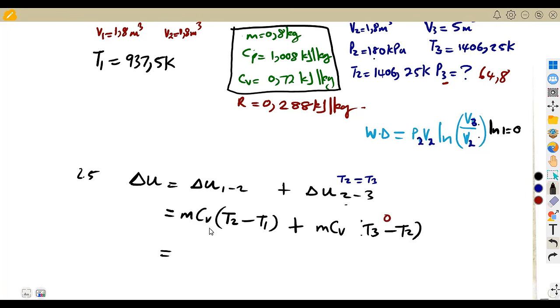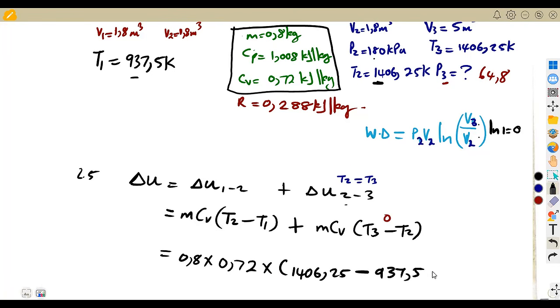So let us substitute m, which is the mass, 0.8, times Cv, which is 0.72, times the change in temperature, which is T2 minus T1. Remember, T2 we have it at 1406.25 minus T1, which is at 937.5.